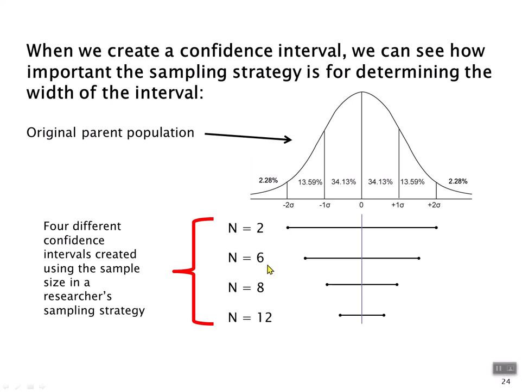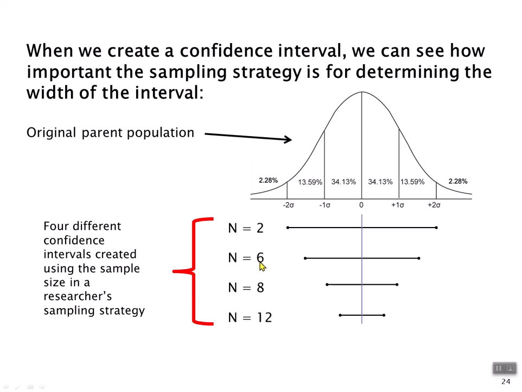So each of these is a different sampling strategy, and each different sampling strategy, in terms of the number of people being sampled, produces a different confidence interval over here. With a sample size of 2, your sample mean is going to fall within these boundaries, the lower boundary and the upper boundary, 95% of the time.